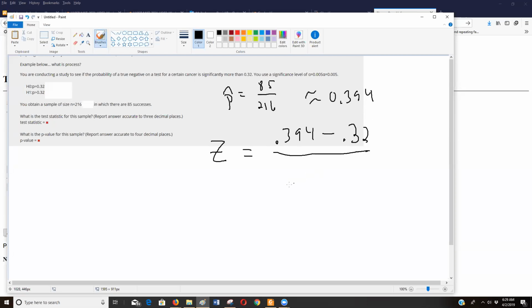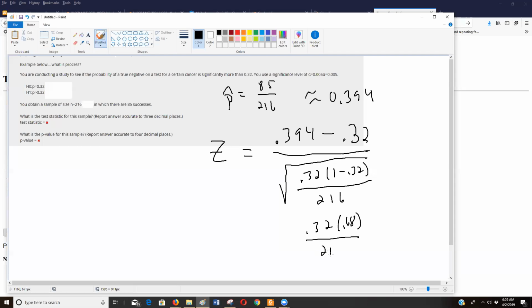Since we are hypothesizing that the center is 0.32, that's what we're going to base our standard deviation on. And that's p times q over the sample size, so 0.32 times 0.68 over 216.